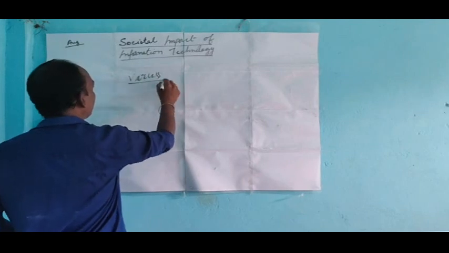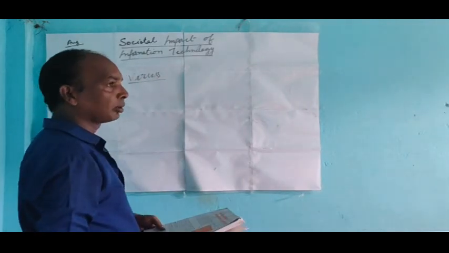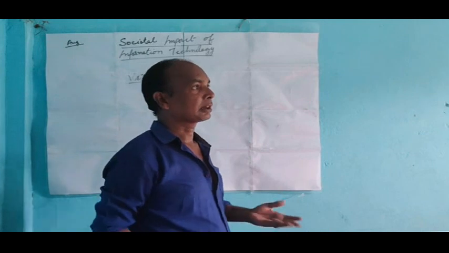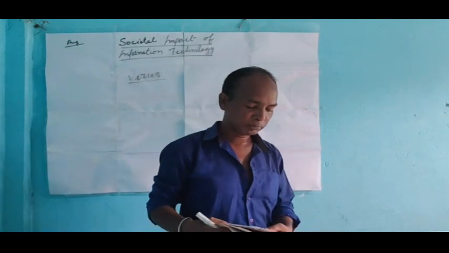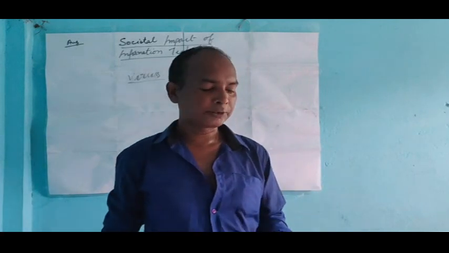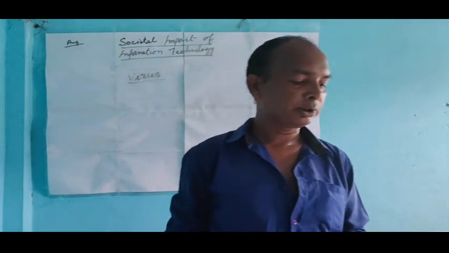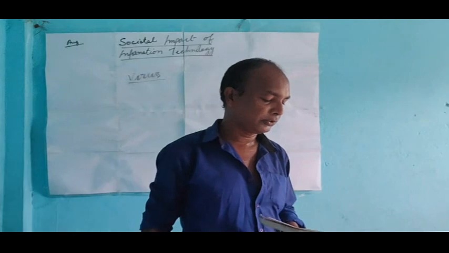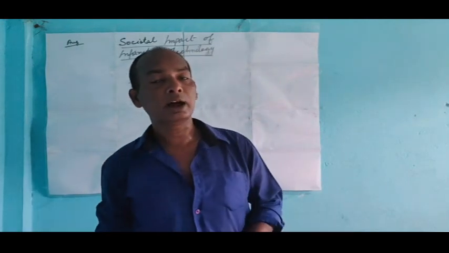What is a virus? The virus and the computer virus, they both are the same. A virus is a program that attaches itself to other programs in order to alter their behavior, often in a harmful way.